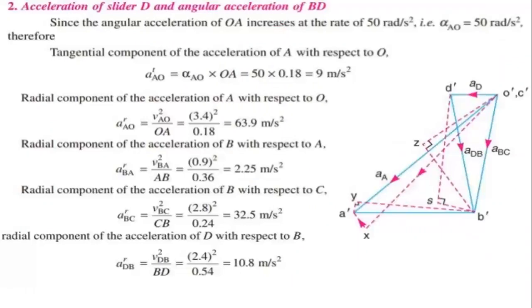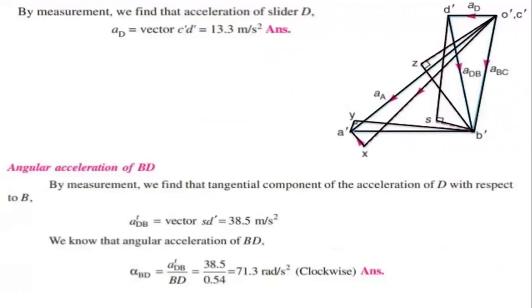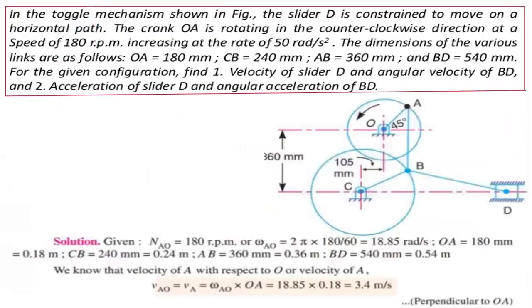Next, we find the tangential and radial components and their lengths, then draw the acceleration diagram as well. Then we find the angular acceleration of the link BD. So that is the output for the given question.